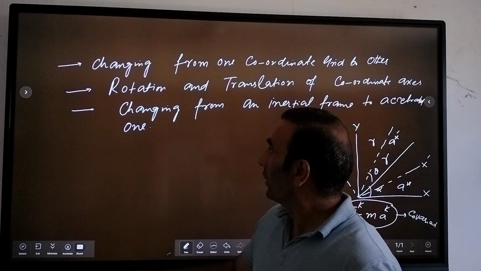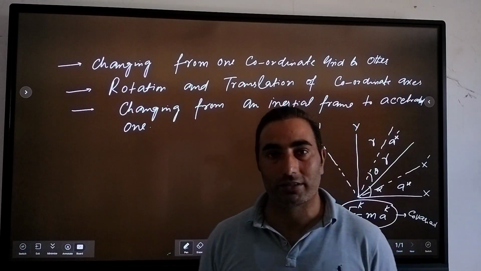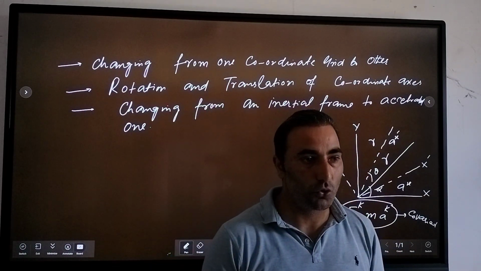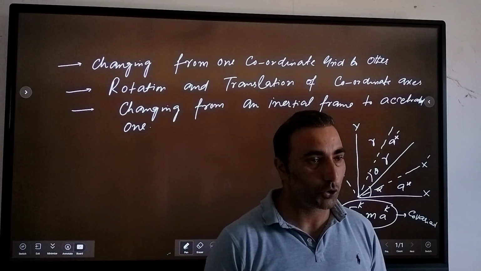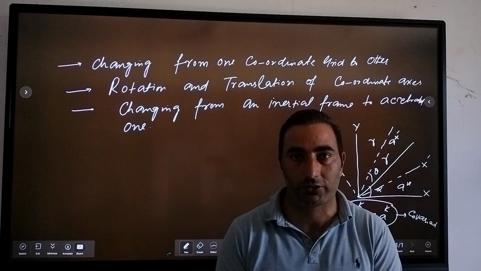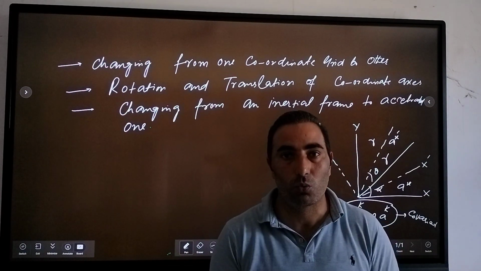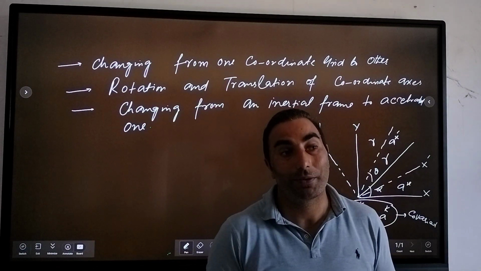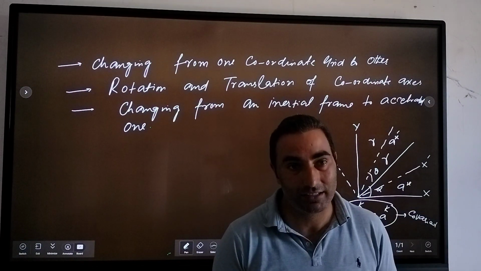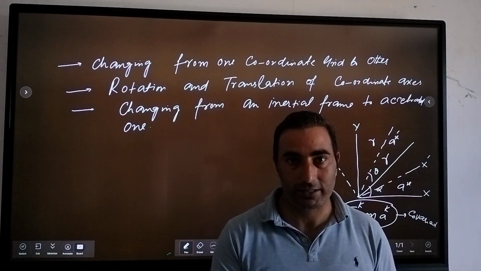In addition, if we change from one coordinate system to another, for example from rectangular coordinates to cylindrical coordinates, or from cylindrical to spherical polar coordinates, he should understand how different vectors and different physics laws transform if you go from one frame to another frame.